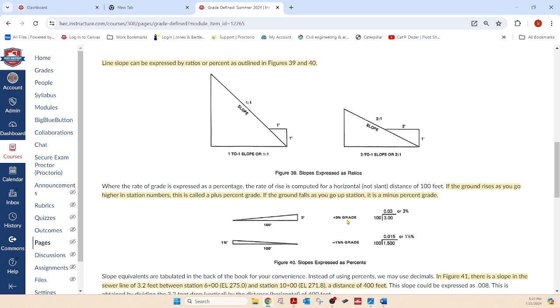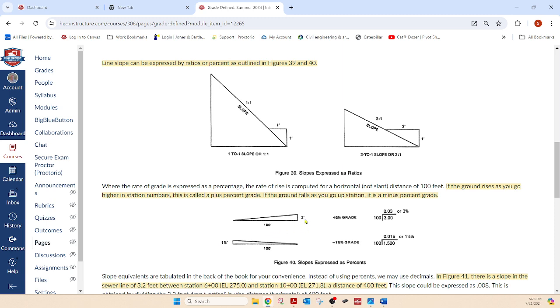This is talking percent grade, and we don't do long division in this course. We use our calculator. I can't really read that. That's 3% grade, and this one looks like 1.5.